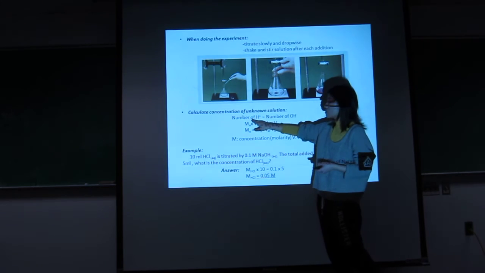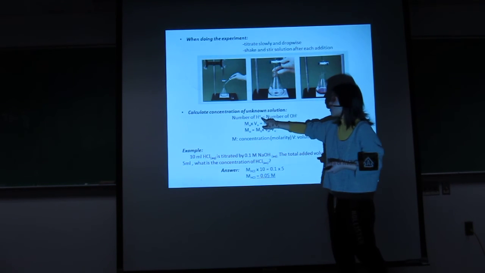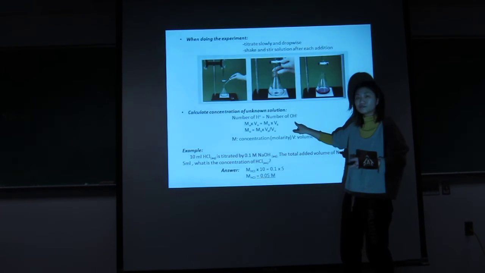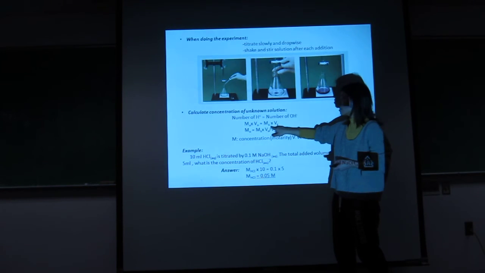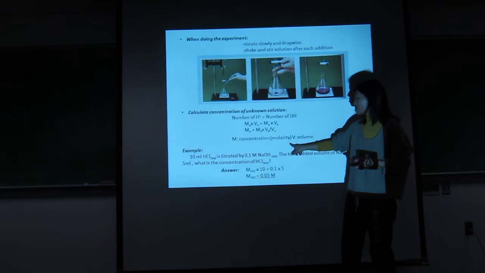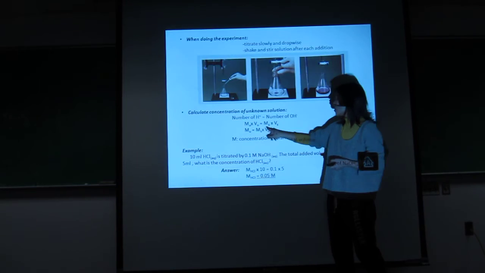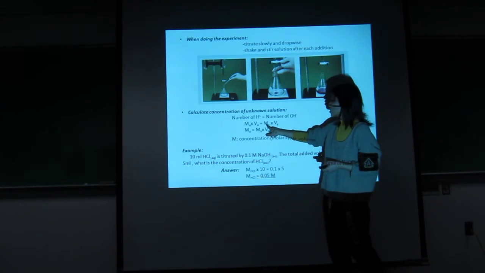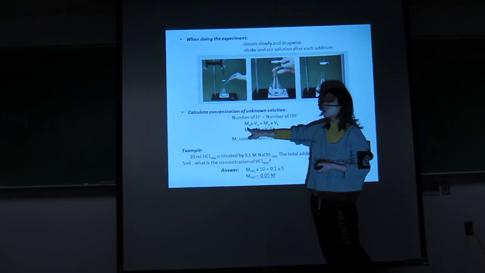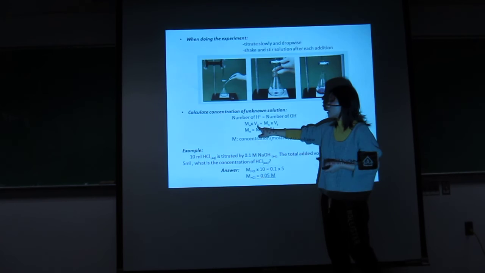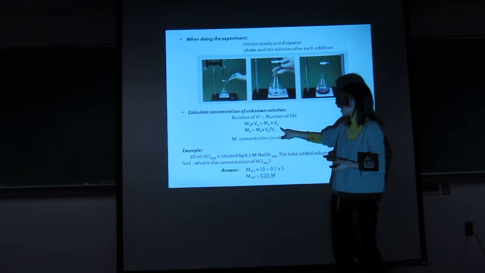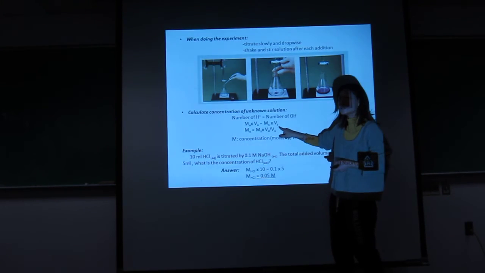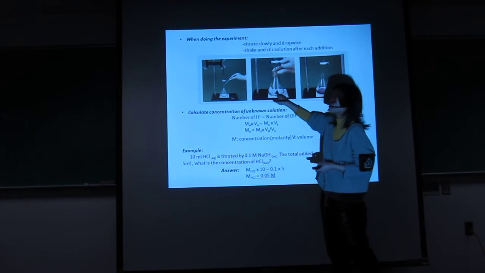So over here, we assume that at that point, the number of protons is equal to the number of hydroxide. So the number of protons can be calculated using the concentration, which is molarity, the unit is molarity, times volume. So the concentration of your unknown sample times the volume of your unknown sample is equal to the concentration of your standardized solution times the volume of the standardized solution, which is the total amount that you add from your burette into your flask.